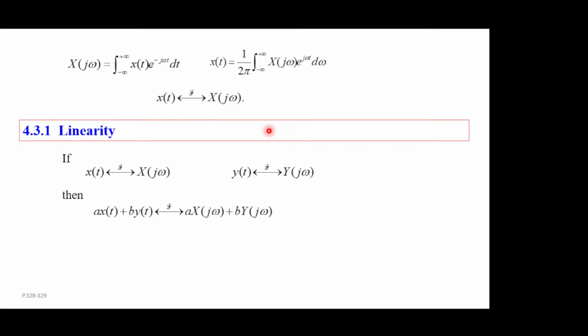First property, linearity. As we said, there is linearity, and we don't bother with the proof here. You can plug into those two formulas, and you see that if you have a function small x that's a Fourier transform pair with big X, and a small y that's a Fourier transform pair with big Y, then the linear combination a x plus b y will be a Fourier transform pair with a big X plus b big Y. It's pretty easy to check.